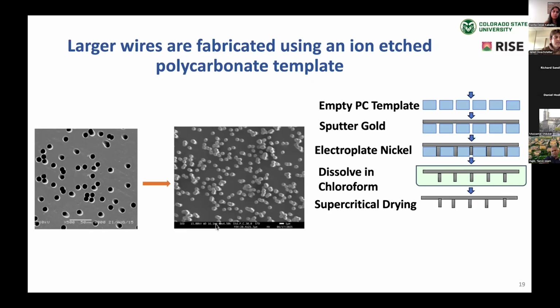The fabrication process varies a little bit from the AAO template. Most notably, we dissolve it in chloroform rather than sodium hydroxide. But then we still sputter with gold, electroplate, and supercritically dry. A negative side to using these templates is it's very difficult to model because of the randomness of the wires.